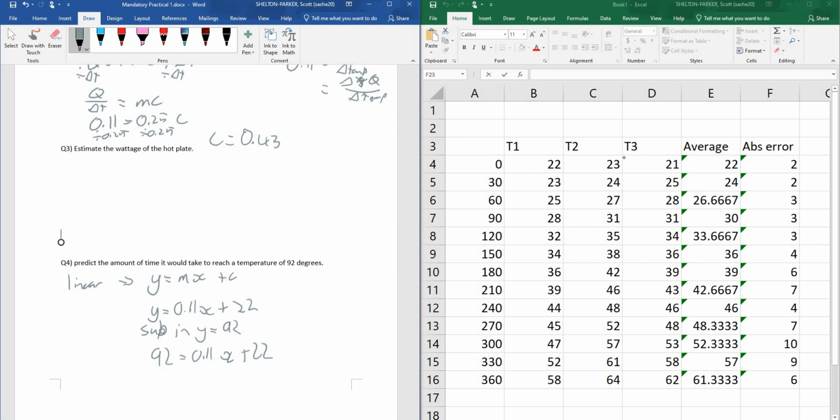And then you can say, okay, I know that each second my temperature goes up by 0.11 according to my model, according to my gradient. So I just need to find the difference between that number and 92, divide it from there, and find your answer. But yeah, any questions, guys?